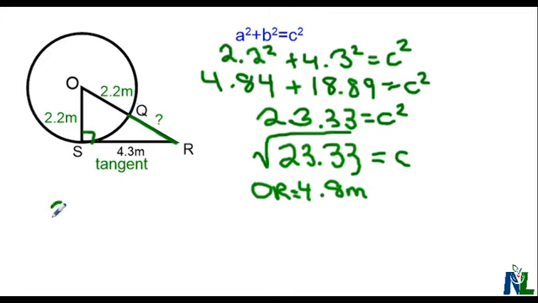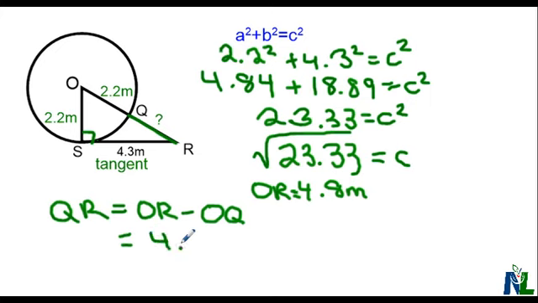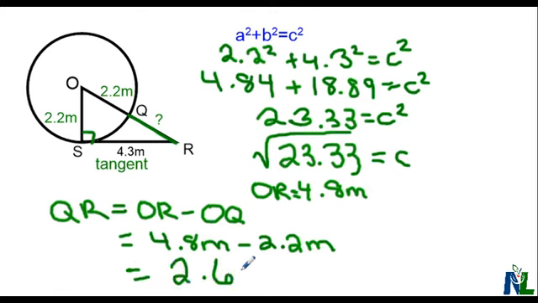So we have QR that we're looking for is equal to OR, that side of the triangle, and we're going to subtract the piece we're chopping off, OQ. So that's going to be OR, we just found was 4.8 meters. Take off the 2.2 meters that we're not looking for, and we're going to get a final answer of 2.6 meters for QR.